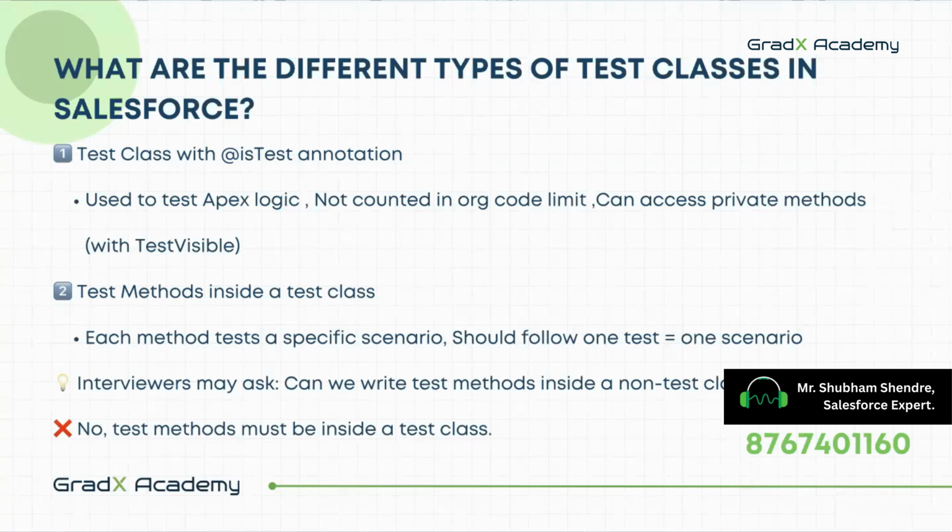The other is the test method inside the test class. Each test method specifies a scenario. Every class has multiple test scenarios or test cases, and for each test case we write a separate test method.